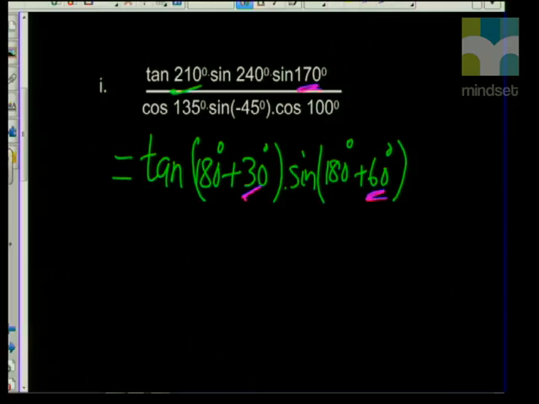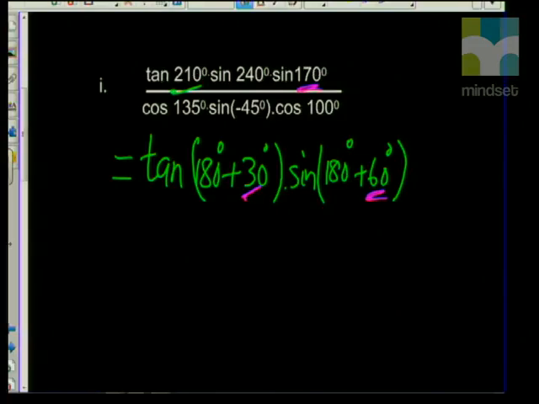Now I come to 170. I can't get it straight to 30 or 60 or 45. Now, remember, guys, if you don't get it to a special angle, don't panic. Get it to an acute angle. Remember the top part. If I've got, say, for instance, sine 17, there will be a sine 17 at the bottom.